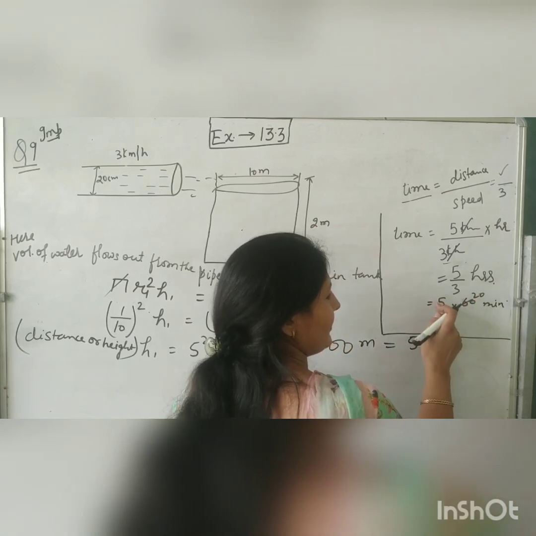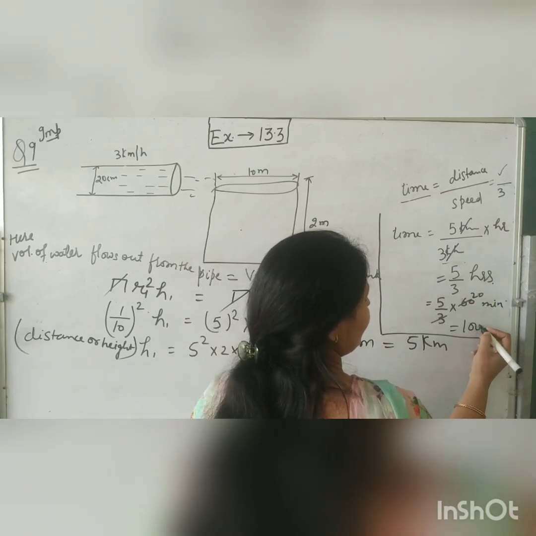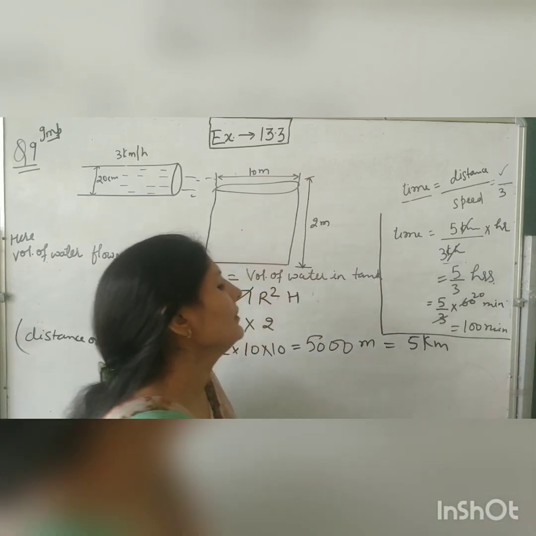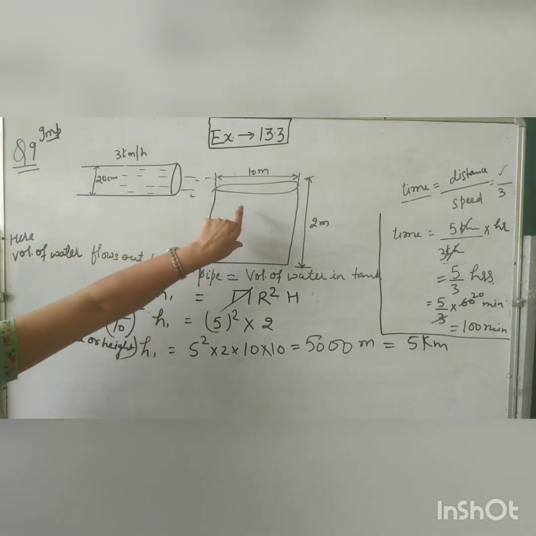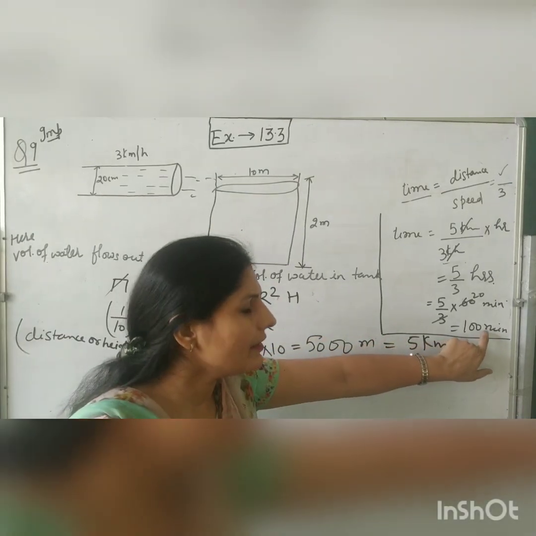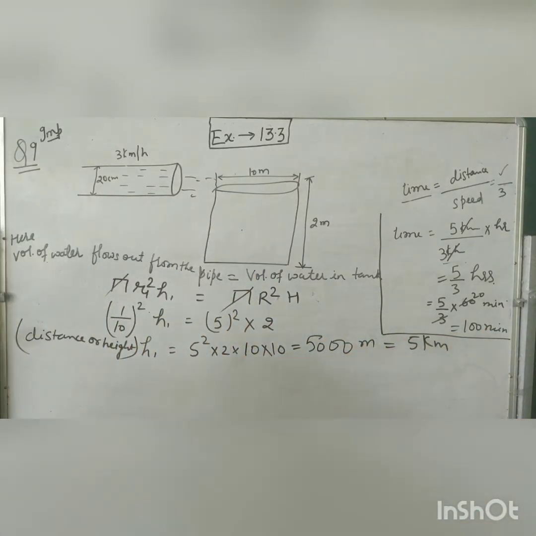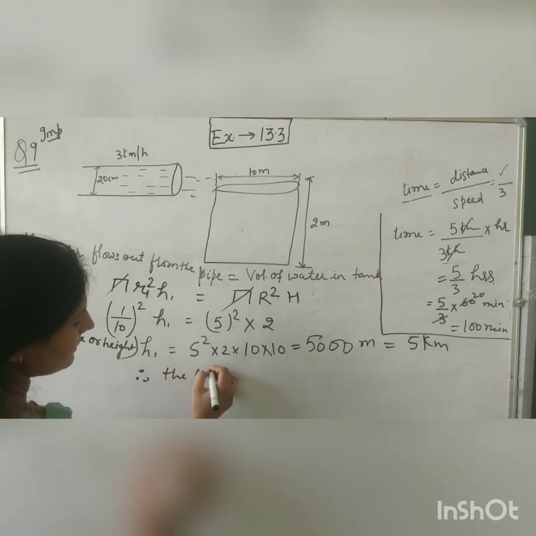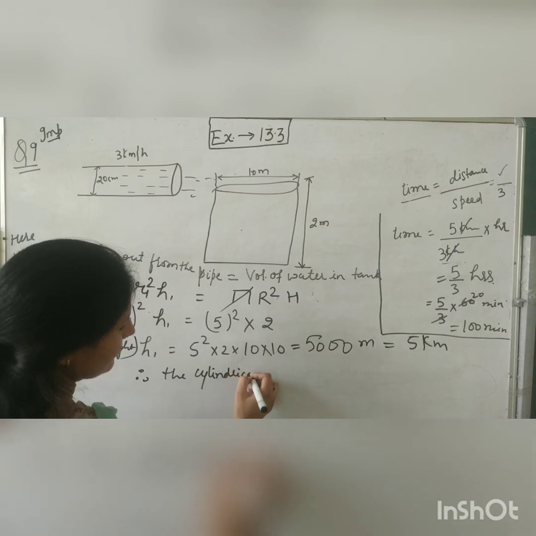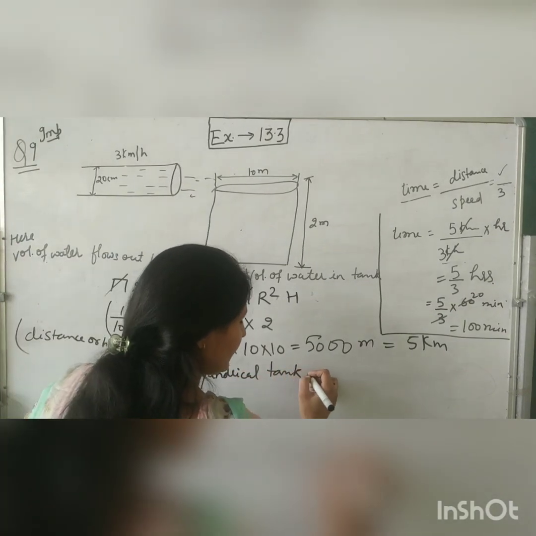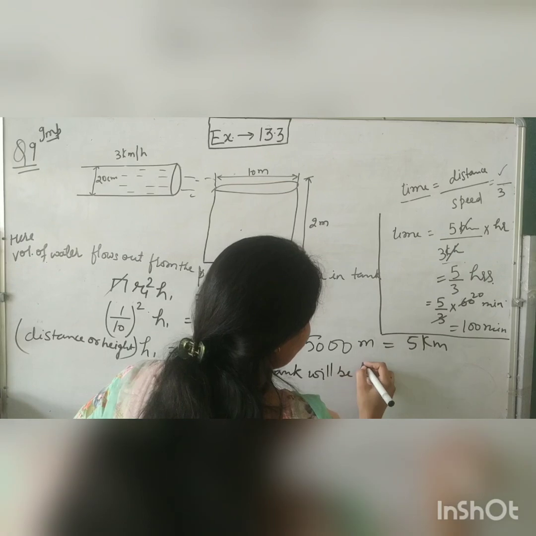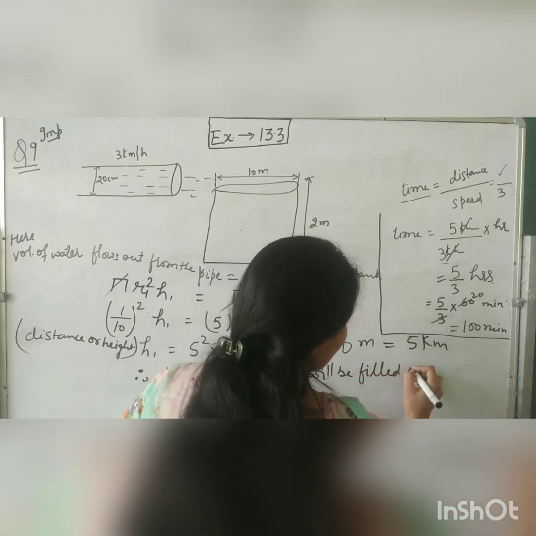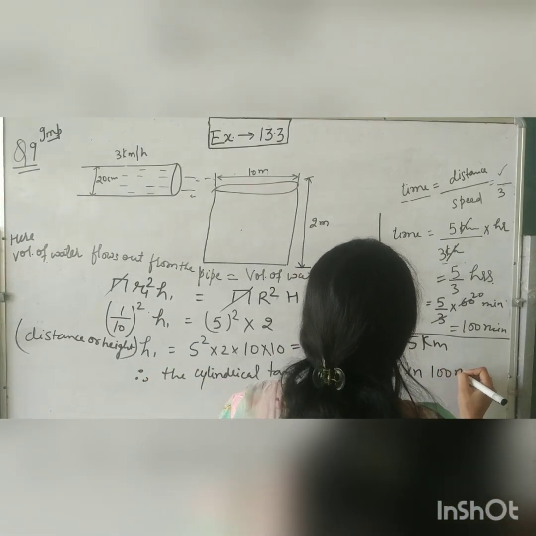So it will be 20, and 5 20s are 100 minute. Okay. So ये कितना टाइम लेगा पाइप इस टैंक को फिल करने में? 100 minutes, right? So our final answer will be, therefore the cylindrical tank will be filled in 100 minutes.